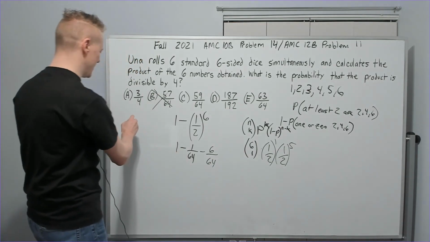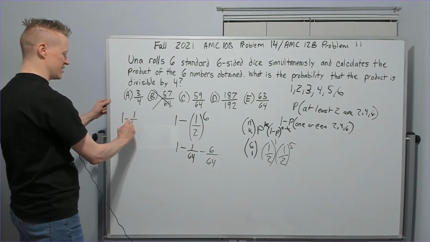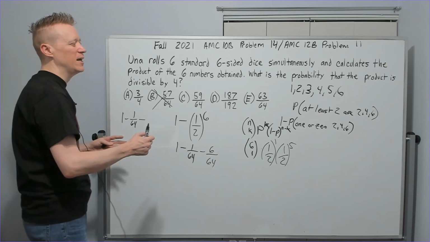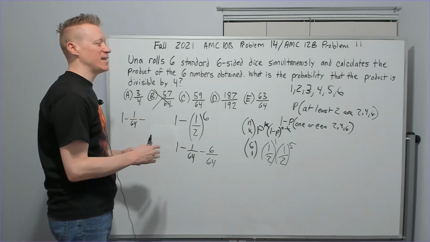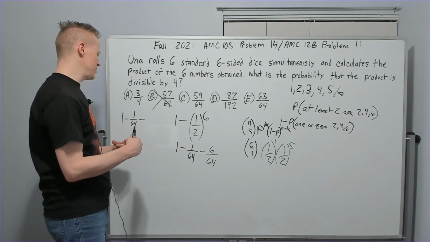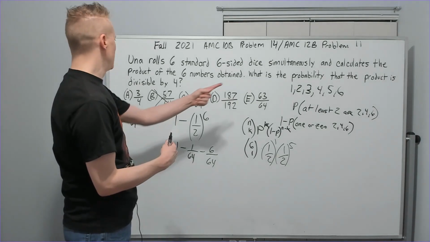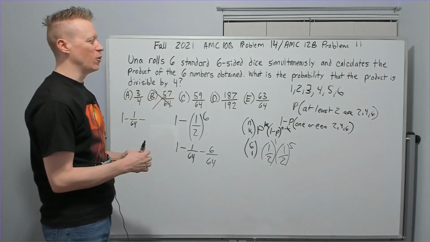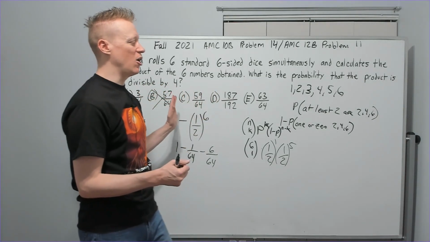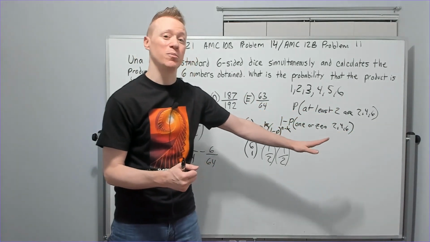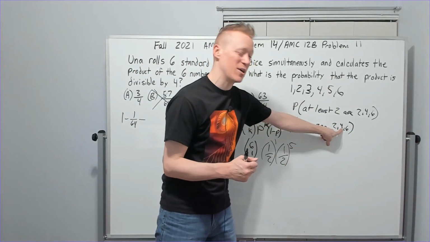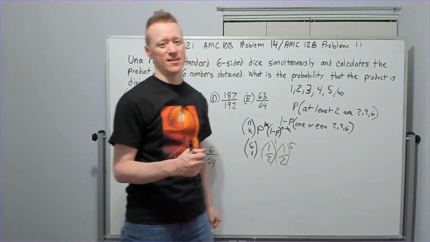Well, I think we can keep the 1 minus 1 over 64 part. That part is true. But now what we actually need is minus the chance that the product is divisible by 4. See, we were trying to subtract all the cases where it's not divisible by 4, but we accidentally subtracted some where it is divisible by 4.